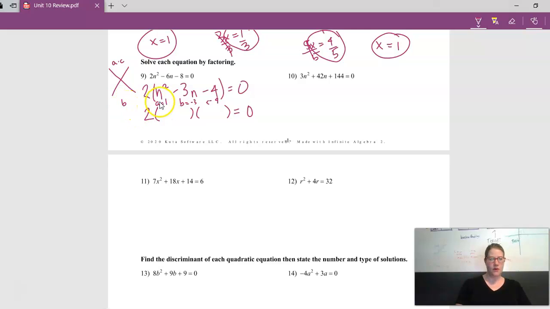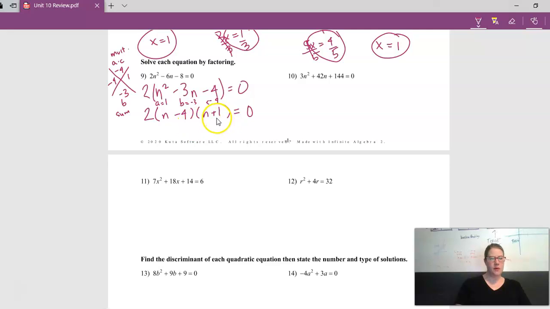So a, 1, times c, -4, is -4. And then b is -3. So I'm looking for two numbers that multiply to -4 and sum to -3. So that would just be -4 and +1. So this becomes n minus 4 and n plus 1.